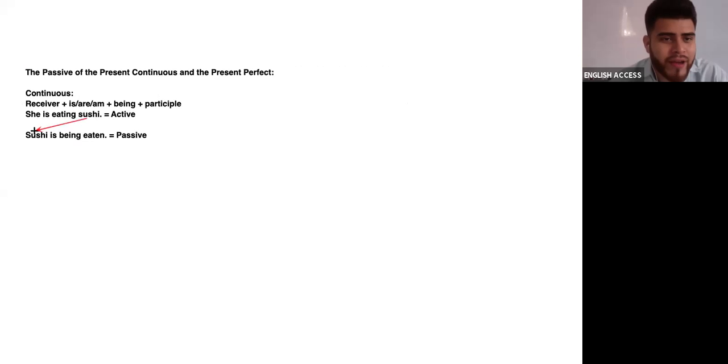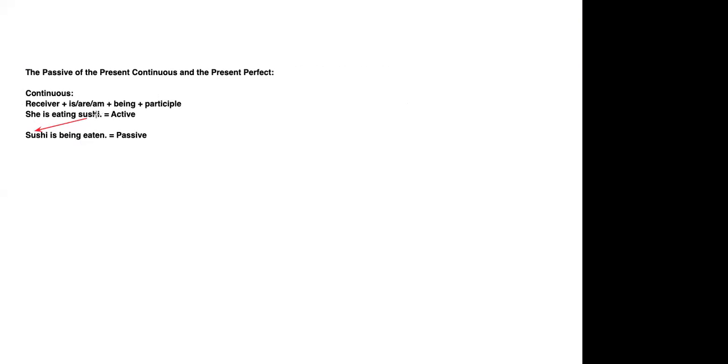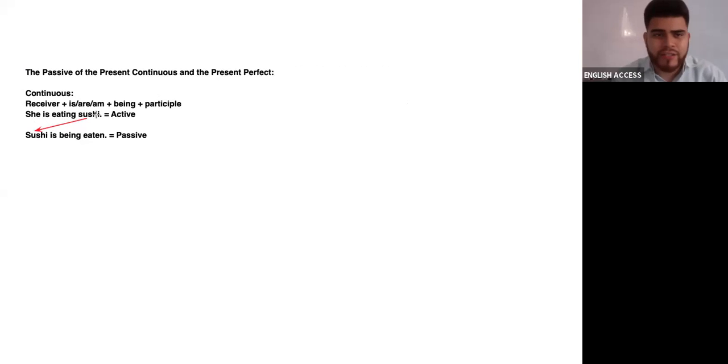Yes, in the beginning, right? All right. So in the active sentence, sushi is the object, right? She is eating sushi. And in the passive, sushi is the subject. And remember, the subject in English always goes in the beginning of the sentence, all right? Or in questions, it would go after the question word or the auxiliary.